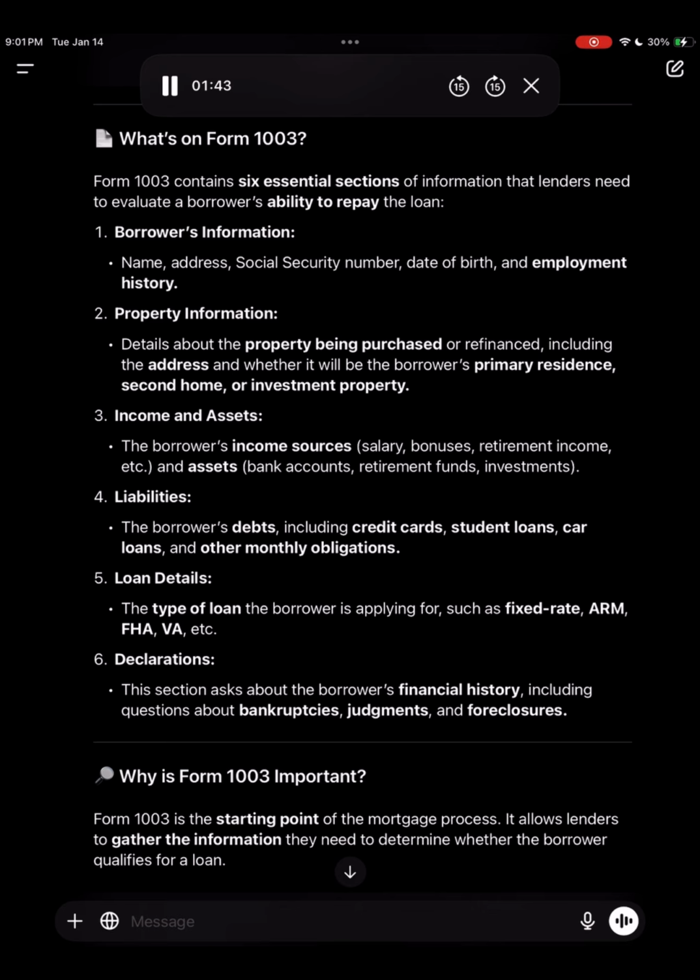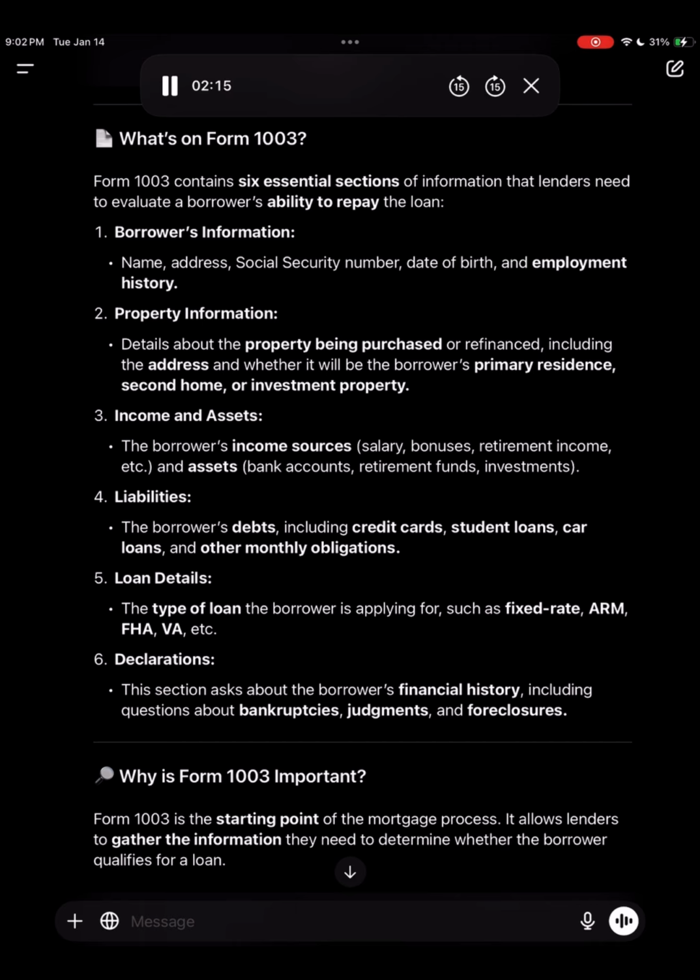1. Borrower's information: name, address, social security number, date of birth, and employment history. 2. Property information: details about the property being purchased or refinanced, including the address and whether it will be the borrower's primary residence, second home, or investment property. 3. Income and assets: the borrower's income sources, salary, bonuses, retirement income, etc., and assets, bank accounts, retirement funds, investments. 4.